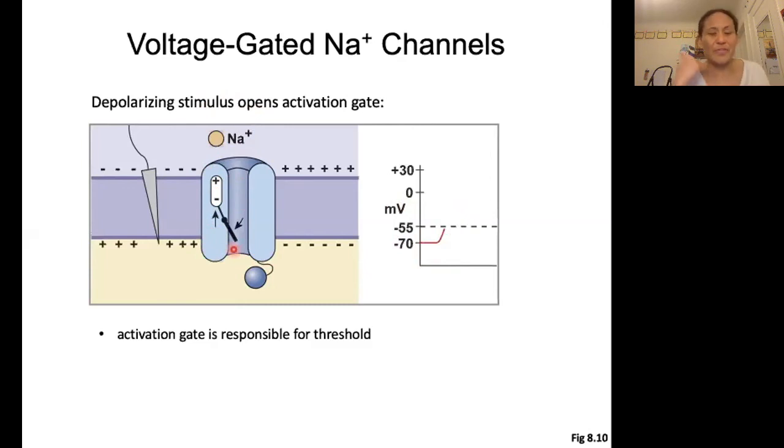The threshold for the action potential is basically the membrane potential that you have to reach in order to open this activation gate, okay? So once we open the activation gate, what is going to happen? Take a moment to answer that question.